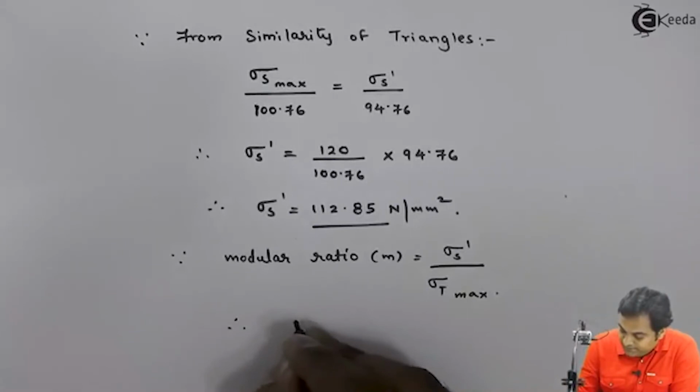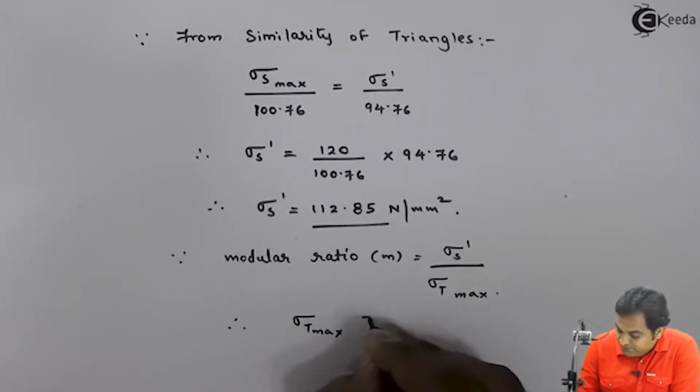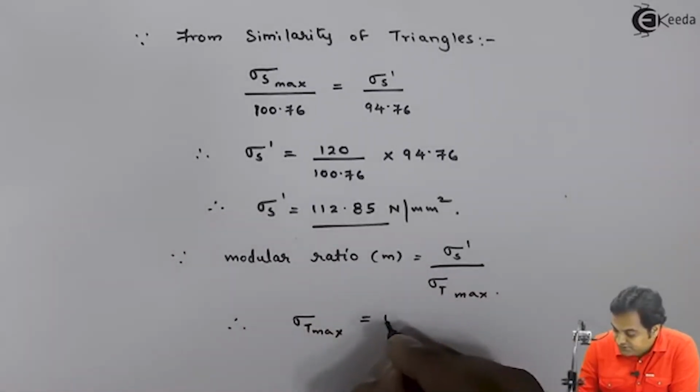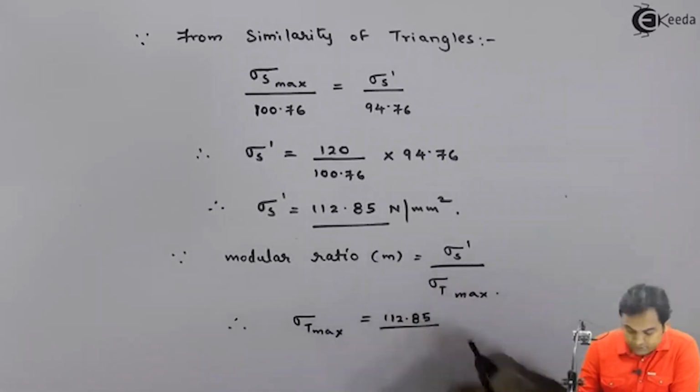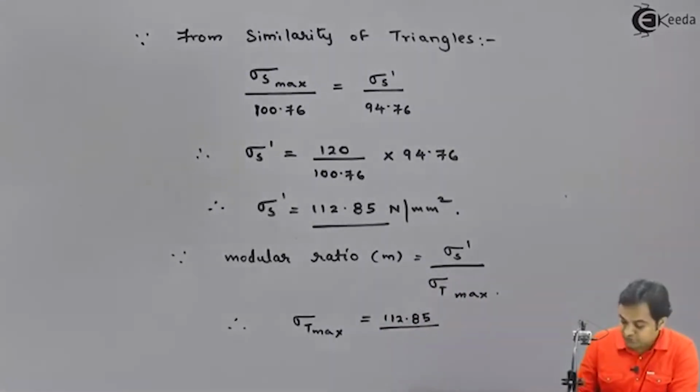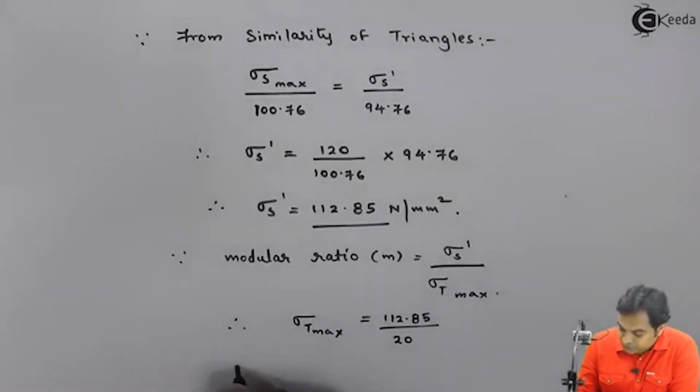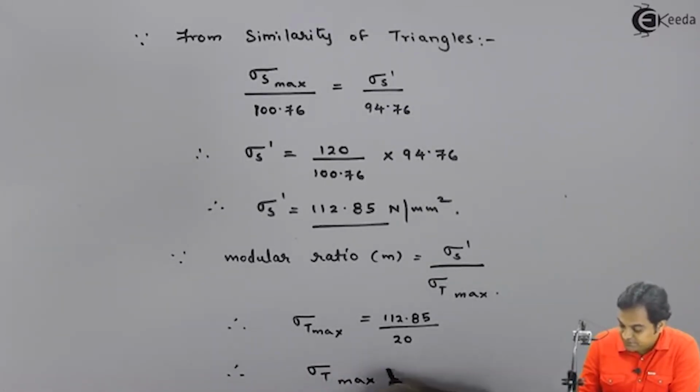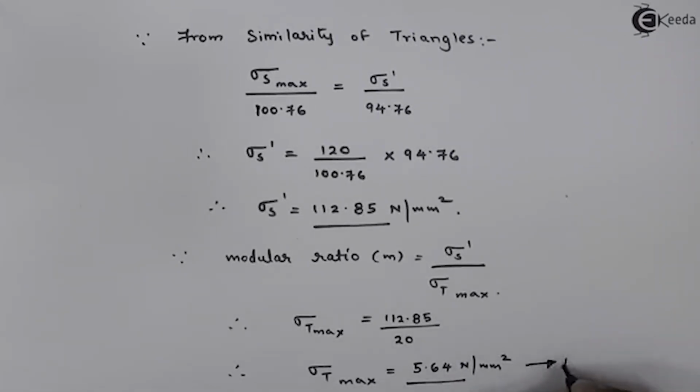So therefore maximum stress in timber will be equal to sigma S dash, 112.85, divided by modular ratio, which was given in the problem as 20. So from this I am getting sigma T max, the maximum stress in timber. It comes out to be 5.64 Newton per mm square, and that's my second answer.